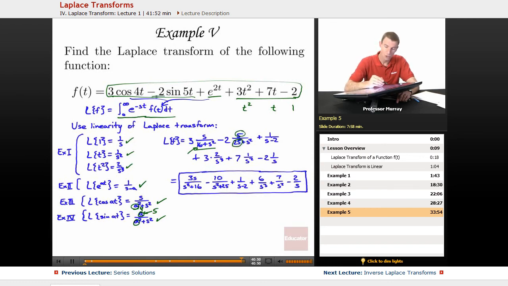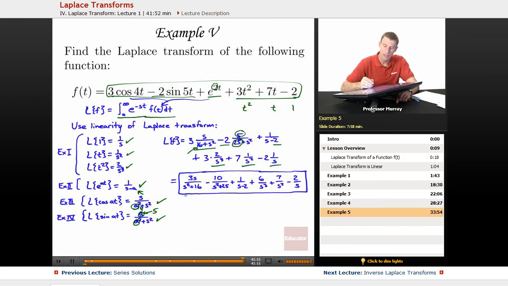Plugged in the negative 2 as a coefficient here. E to the 2t, my a was 2 there, so plug that in there as 2, and I get 1 over s minus 2. And then t squared gives us Laplace transform as 2 over s cubed, so there it is there. Laplace transform of t and the Laplace transform of 1.